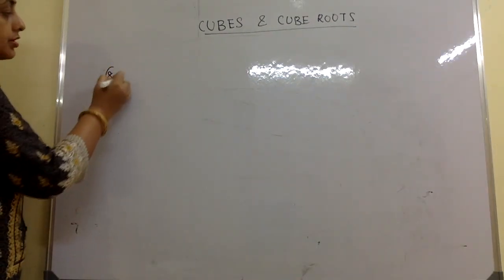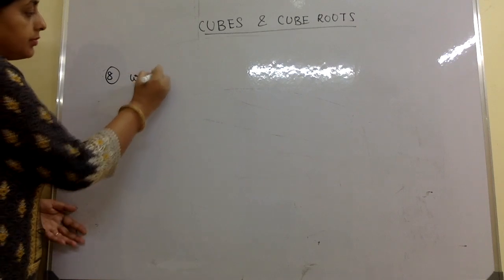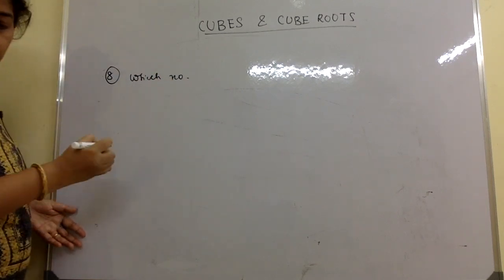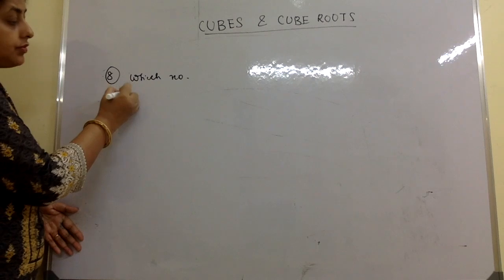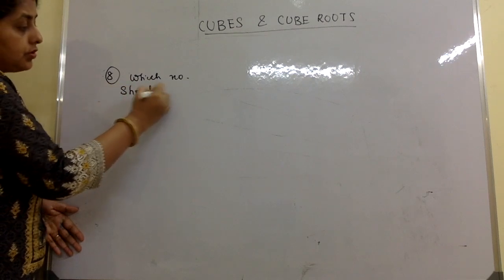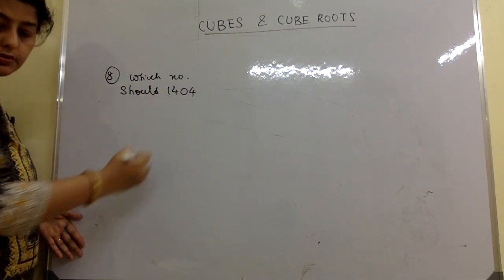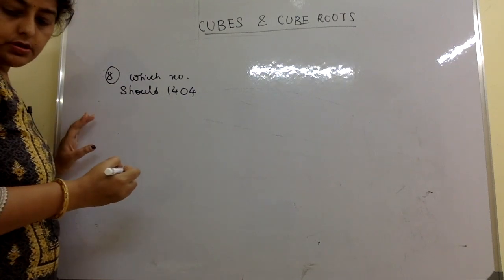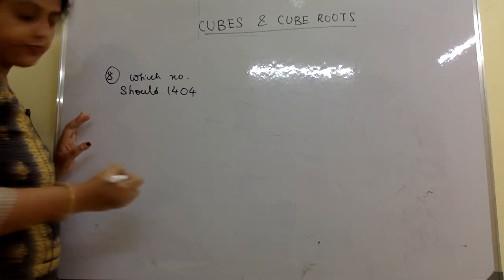Now the 8th question: which number should 1404 be divided with to make it a perfect cube?